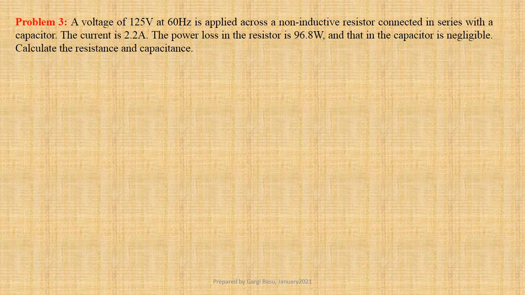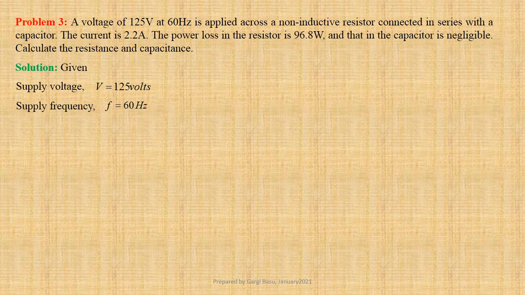Let us list the data provided. Supply voltage V equals 125 volts. Supply frequency F equals 60 Hz. Power lost P equals 96.8 watt. Circuit current I equals 2.2 ampere.